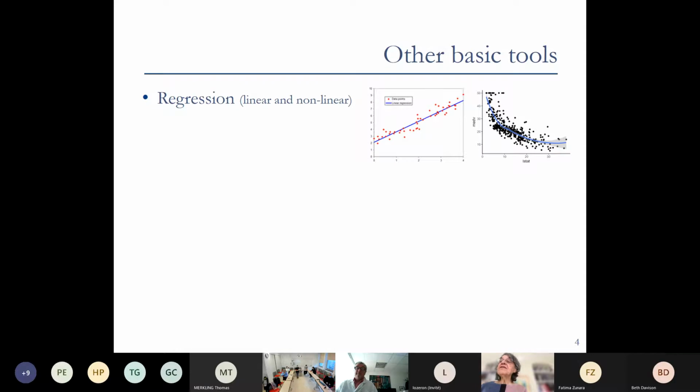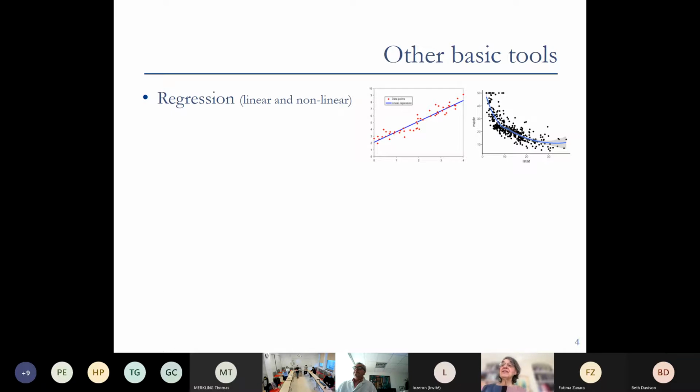And another very basic tool is regression, where you're looking at the relationship between an X variable and a Y variable, and you're asking whether the X variable predicts the Y variable. In the graph that has the blue line with the red dots, that's linear regression.